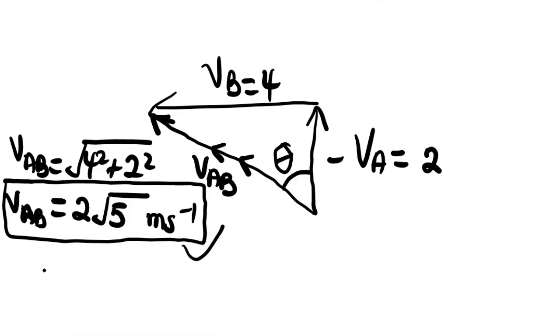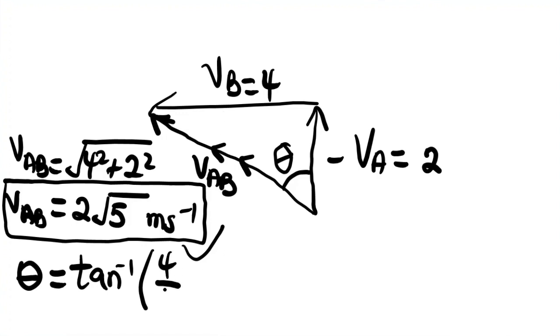But then we need to find the theta. Theta is going to be tan inverse of opposite over adjacent. The opposite is 4, and the adjacent is 2. So tan inverse of 2. I got 63.43 degrees.